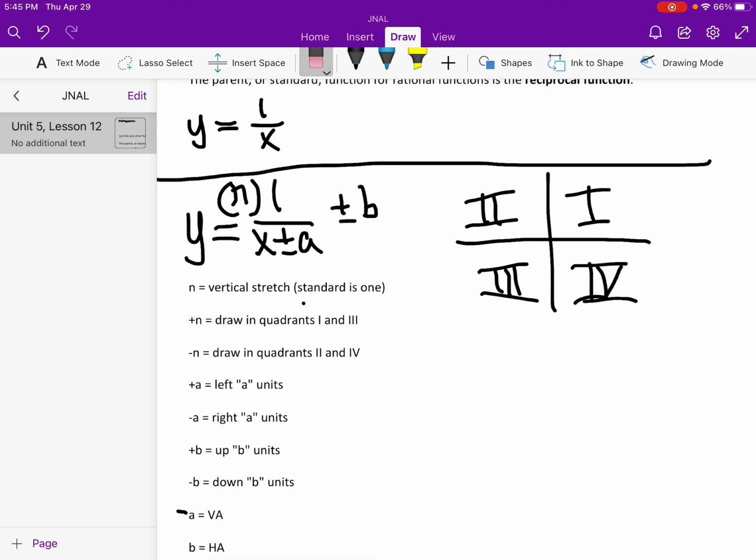You might be saying, hey, I thought you looked at the leading degrees to see what it was. And that's true, but if you remember, I said that if the leading degree is higher in the denominator, then the horizontal asymptote is y equals 0. Well, that's not the case if there's something being added or subtracted to the full rational function.